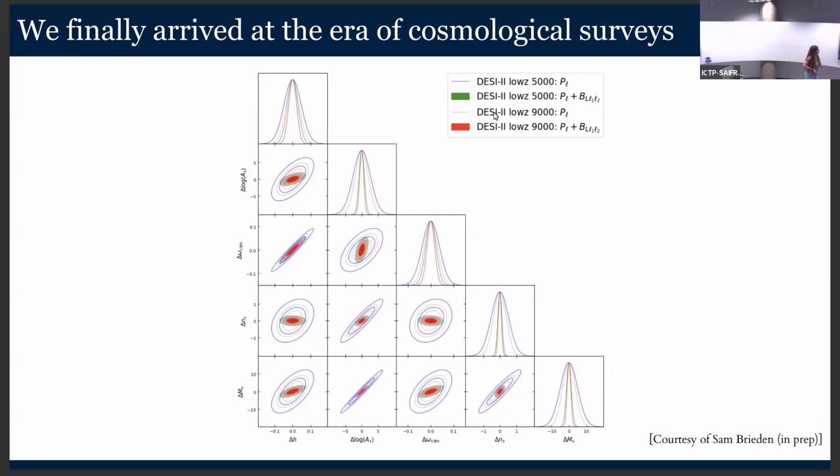If you compare the 5,000 square degree survey in blue with green, which adds the bispectrum, you can reduce the uncertainties a lot, even on the standard cosmological parameters. So the bispectrum is a way to make cosmological surveys competitive with CMB measurements for the cosmological parameters.